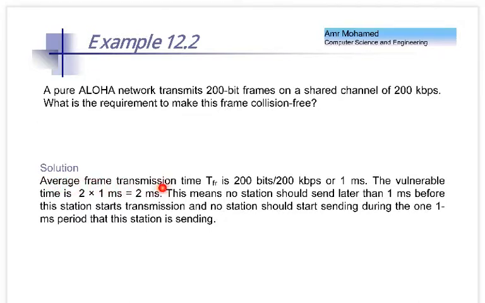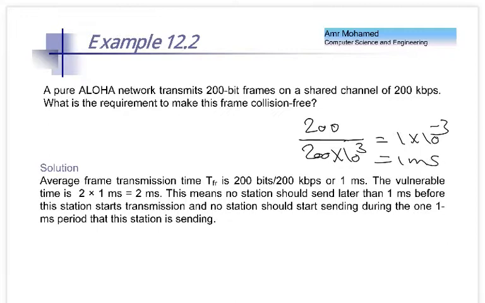So the average frame transmission time in that case is 200 bits divided by 200 kilobits, which is 1 millisecond. So 1 millisecond came from the fact that 200 divided by 200 times 10 to the power 3, which is 1 times 10 to the power minus 3, which is 1 millisecond.